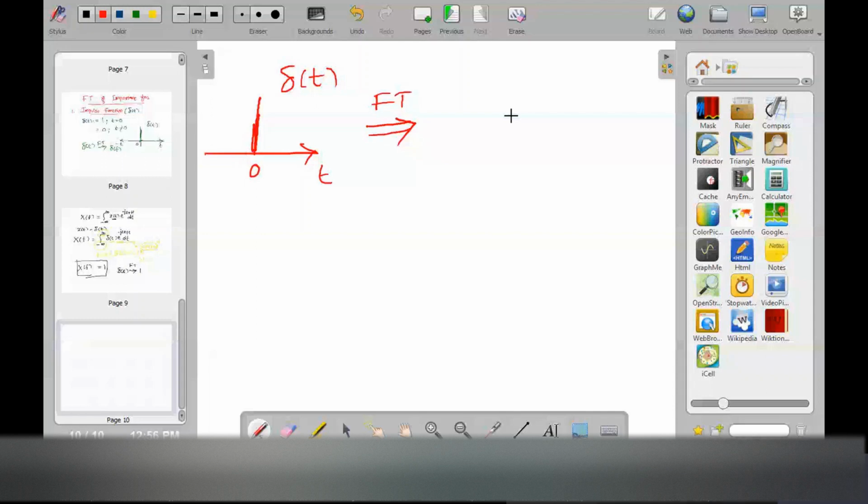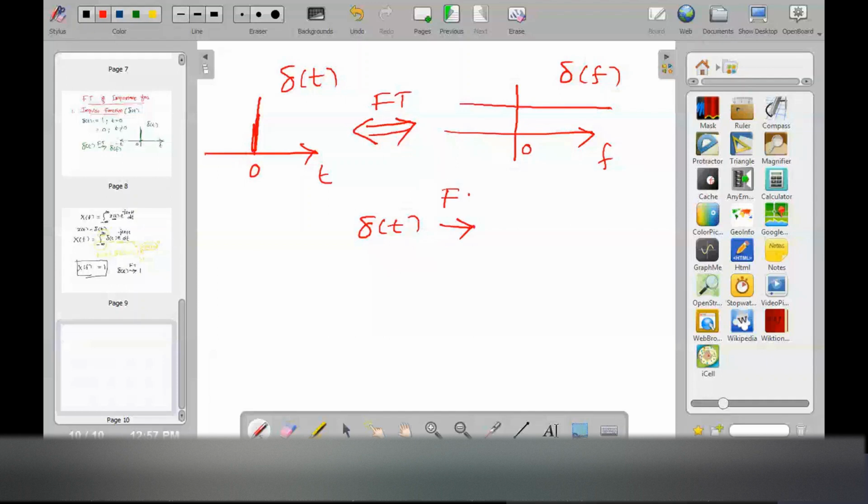So this is my delta of f. Suppose I calculate the inverse Fourier transform of delta f, what will I get? I will get this. That means if I take the Fourier transform of delta of t, I will get 1. Or if I take 1 and do the inverse Fourier transform, I will get delta of t.